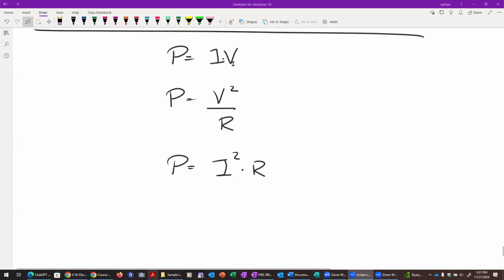P equals IV. That relates power to current and voltage, and that's always going to be valid. We have our second and third ways to represent power in terms of resistance, and these are only going to be valid for when we have resistors involved.